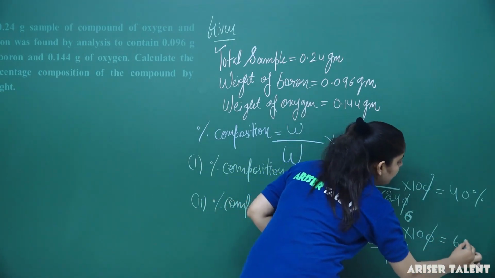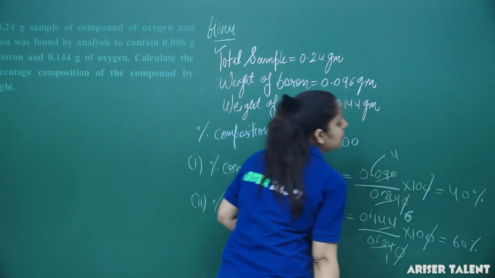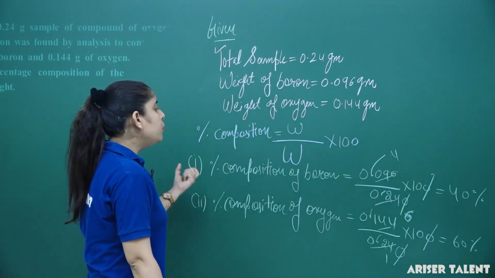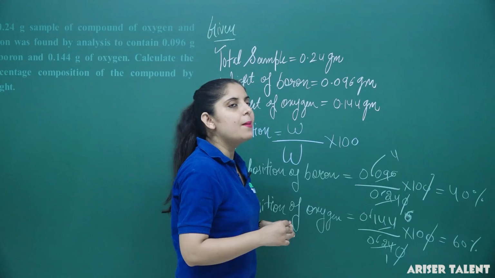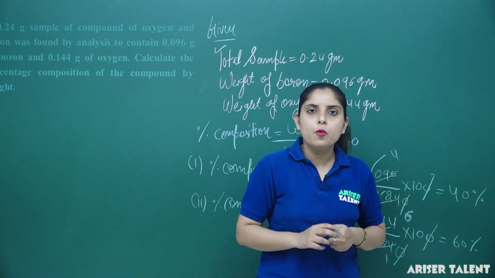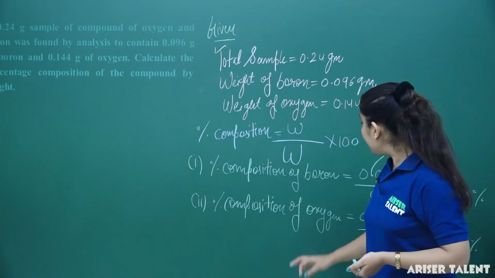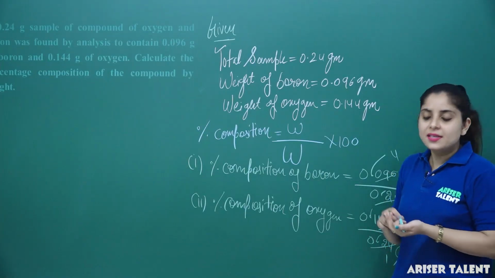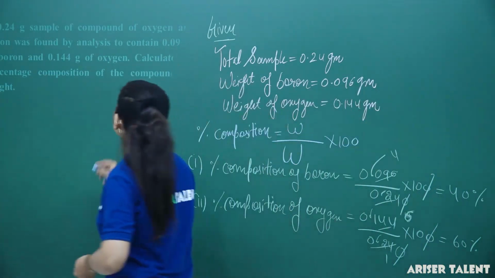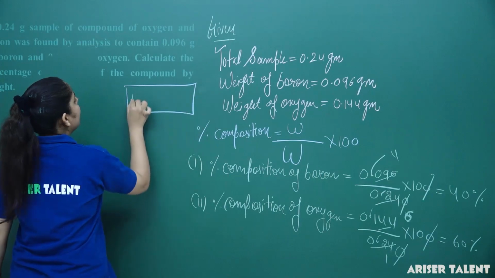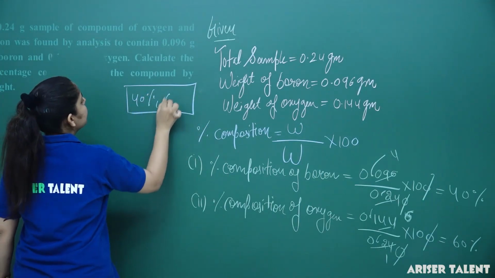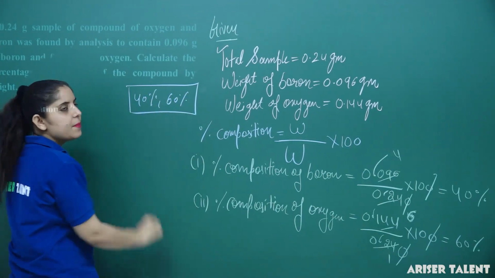So it will be equal to 6 into 10, 60%. So the percentage of the sample that is contained by the boron is 40%, and the percentage of oxygen in the sample is 60%. So I can say that the correct answer here will be 40% and 60%.